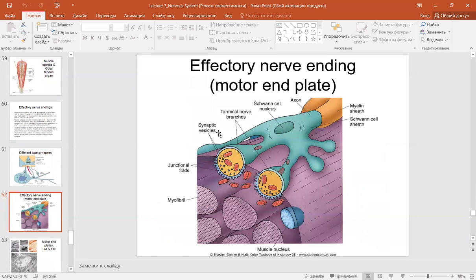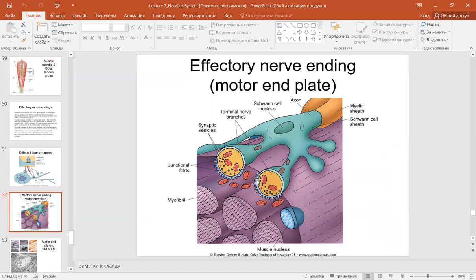neurotransmitters. Here you have another illustration of the motor end plate, or effector nerve endings, with myelin sheaths ramifying to terminal processes or motor end plates. Here is the presynaptic pole with synaptic vesicles filled with neurotransmitter.